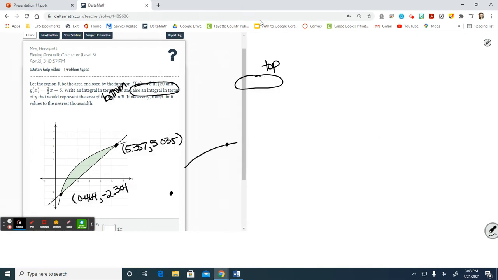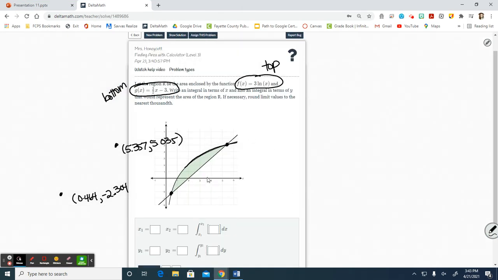So then what I'm going to do is top minus bottom. For the x, I would say it would be the definite integral from this x value, which is 0.464, to this top x value, 5.357, of the top curve.